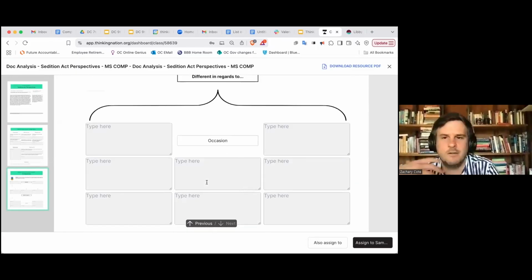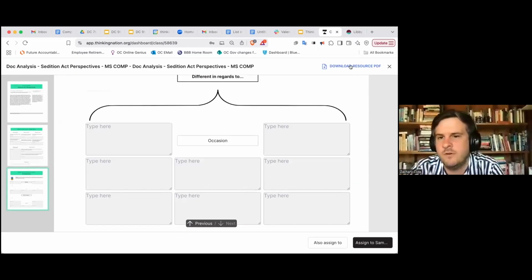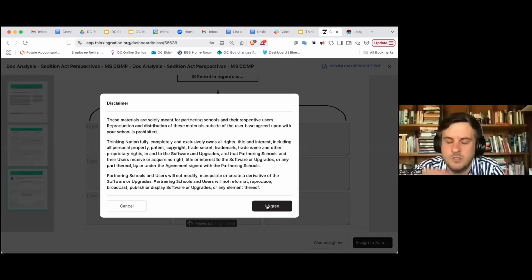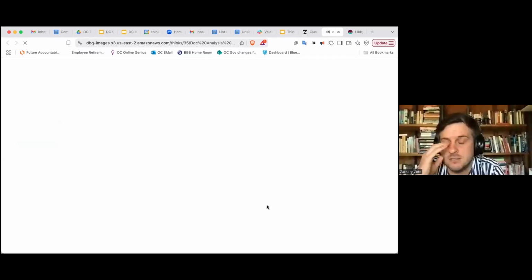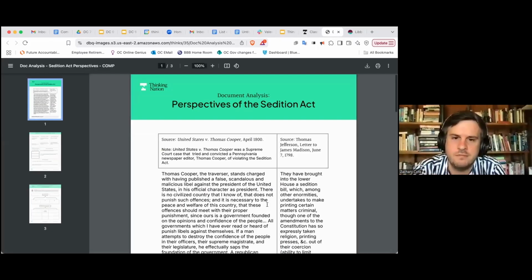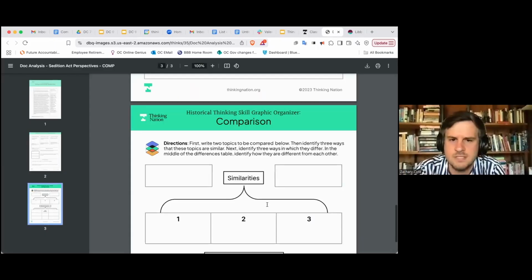Everything is available to assign directly on the platform, but if the teacher wants to do something more traditional on paper, everything is also downloadable directly as a PDF to be printed. We can see that here.